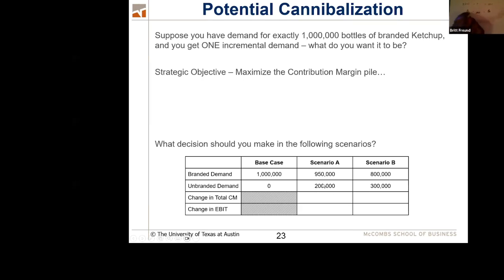What did that do to this pile? This pile used to be the million of the branded. This pile is now going to be 950,000 of the branded and 200,000 of the unbranded. 950 is less than 1 million. That's 50,000 of the branded that we didn't get to put on this pile.